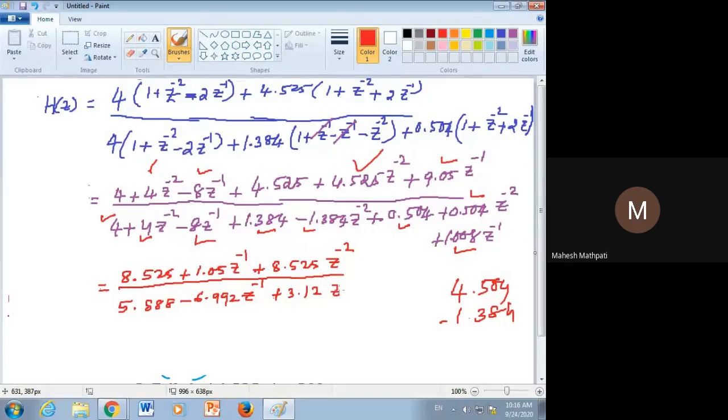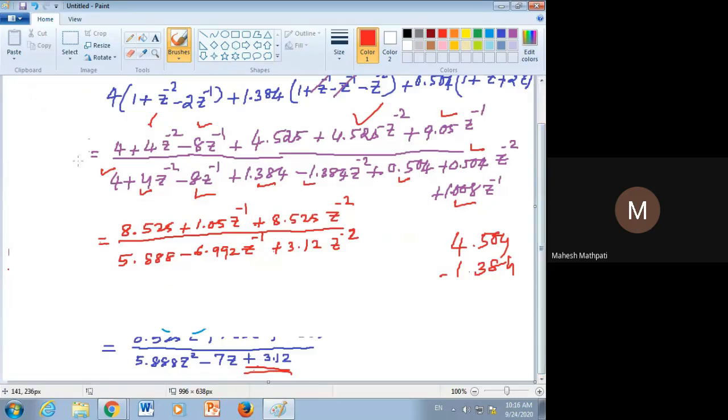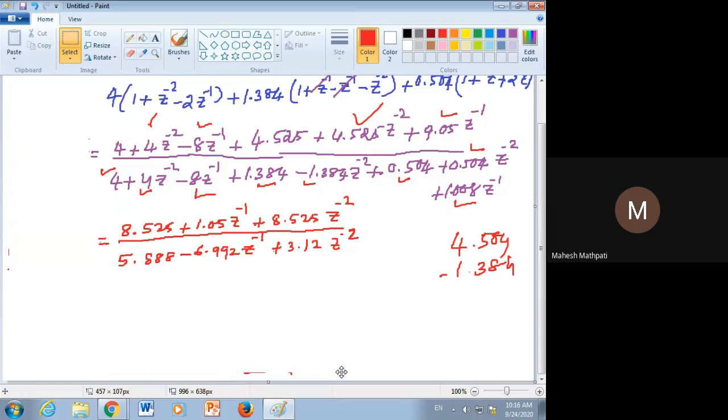Z power minus 2, right? Or this can be written as simply, if you take the minus 2 as a common term, then simply we can write it as Z power minus 2.